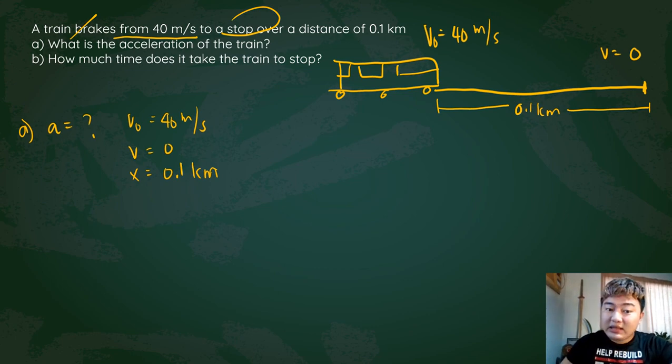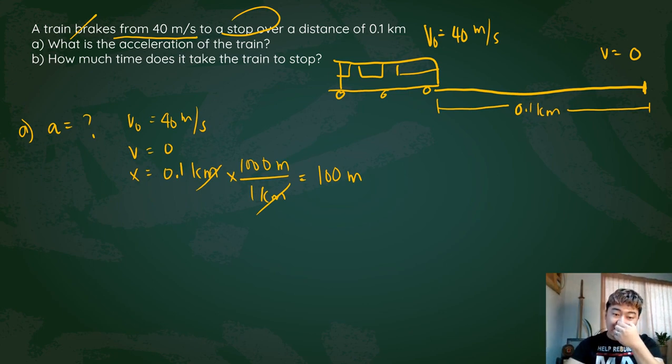So what we can do is we convert the 0.1 kilometers to meters, where 1 kilometer is equal to 1,000 meters. So you cancel that out. Then you get 100 meters. So that is our displacement, or the position of the object after it stopped, from the moment we observe the train, which is from 40 meters per second.